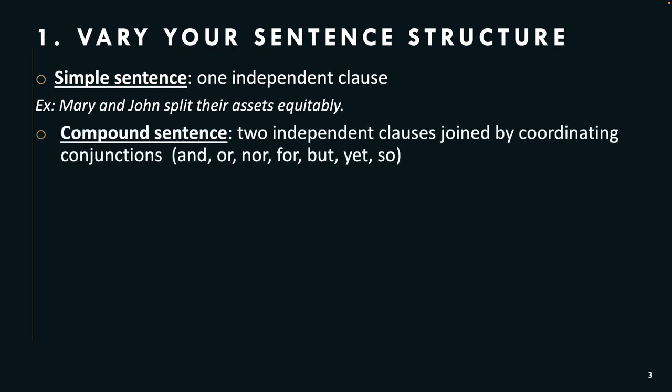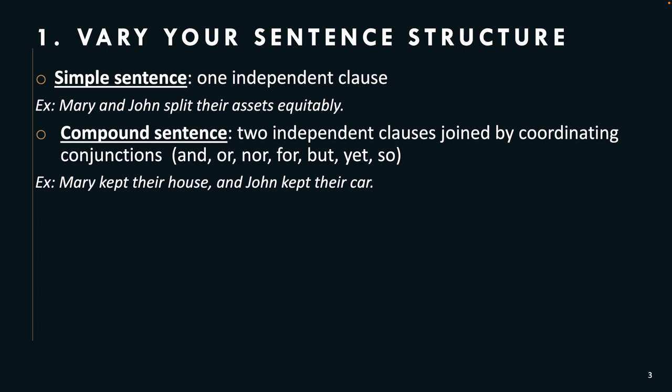A compound sentence, though, is two independent clauses joined by coordinating conjunctions. Coordinating conjunctions are and, or, nor, for, but, yet, so. Let's take a look at another example: Mary kept their house, comma, and, John kept their car.